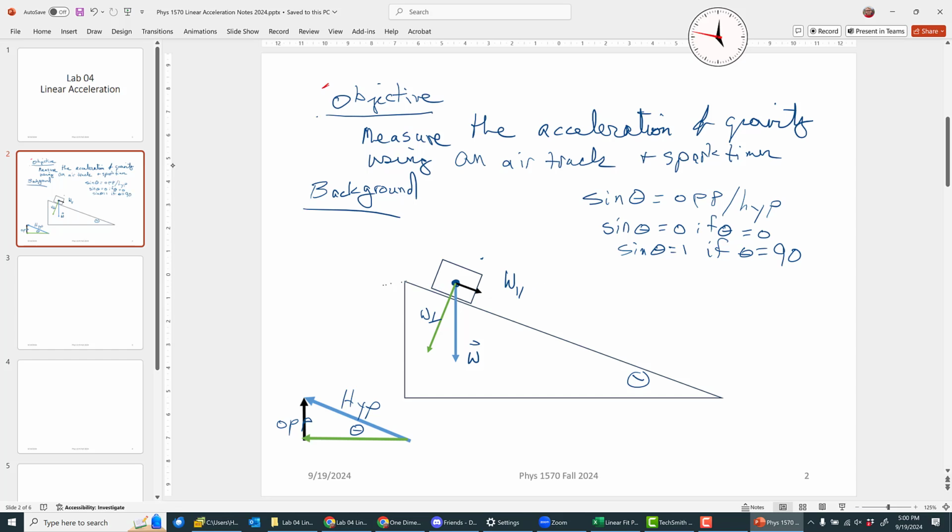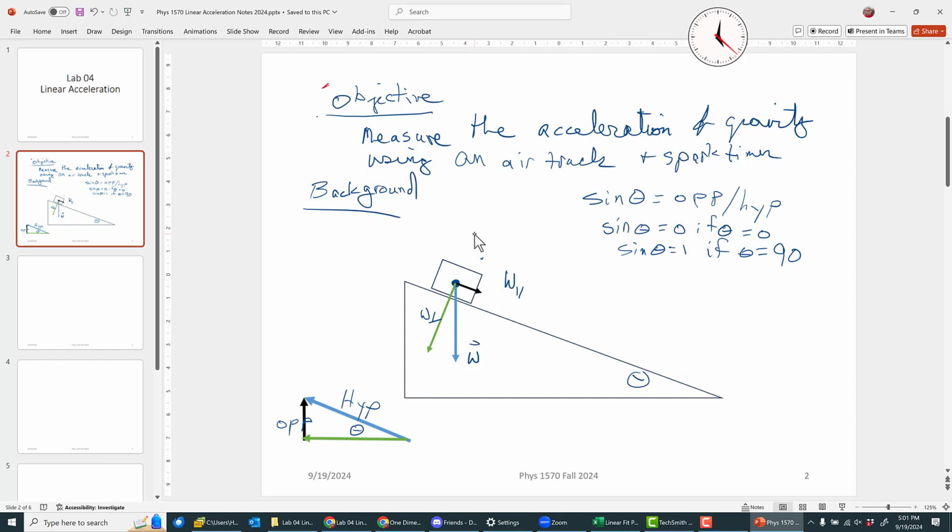So if we were to take this slope and bring it all the way down to 0, then we know there'd be no force trying to push the block down the hill. And in the opposite sense, if we raised up this ramp all the way to vertical, to 90, then all the weight, the parallel component, would be pointed straight down, and that would be the maximum value.